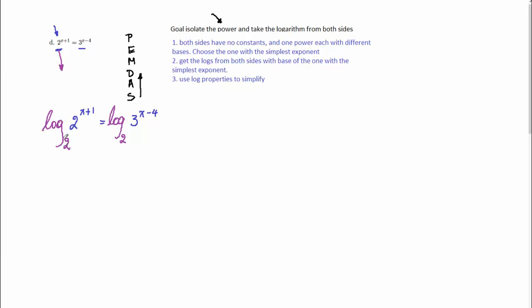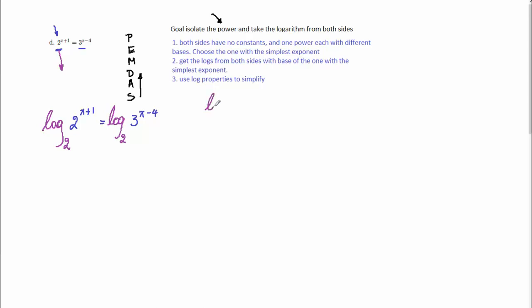Okay, so I take log with base 2 of 2 to the x plus 1 is equal to the log with base 2 of 3 to the x minus 4. And the next step is to use some of the logarithmic properties that I know that can help me to simplify that. The first one that I know is the power rule.